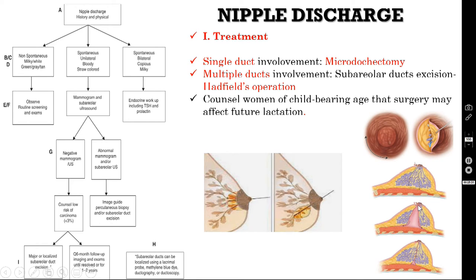The tip is pointing, a triangular strip, a cone of tissue you have to remove, and then you have to suture back this area. You have to remove so many ducts, and this is what is called Hadfield's operation. You have to counsel the woman of childbearing age that surgery may affect the future lactation.